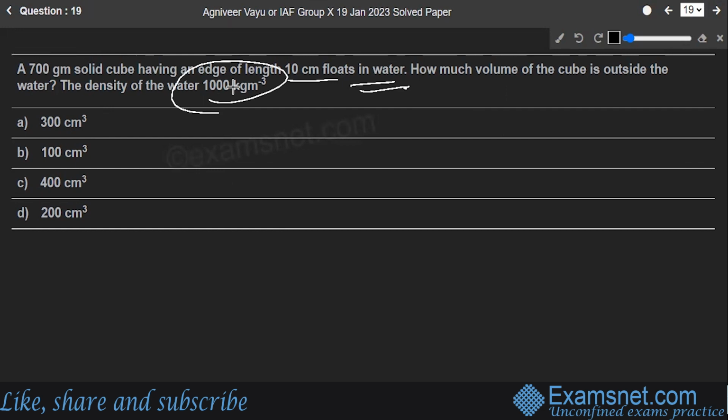When a body is partially or fully dipped in the liquid, the fluid exerts a constant force on the body.